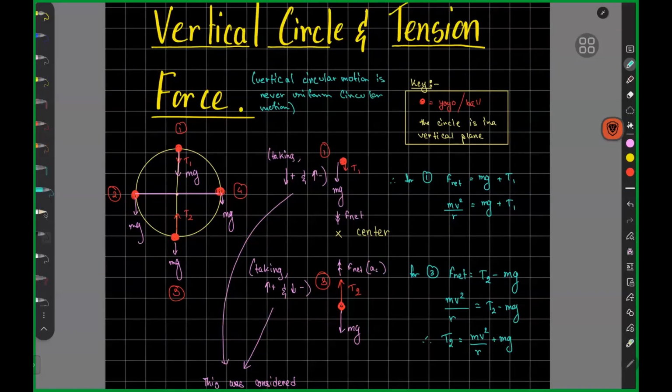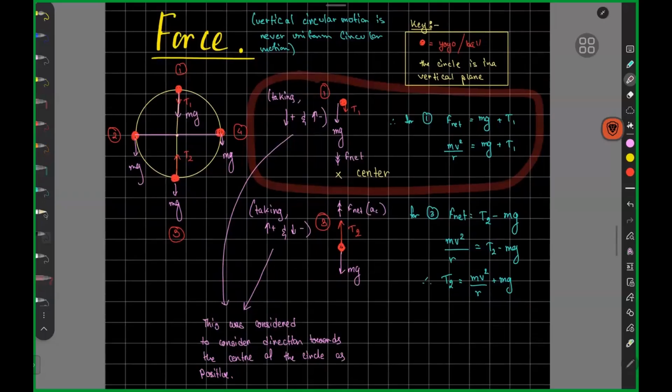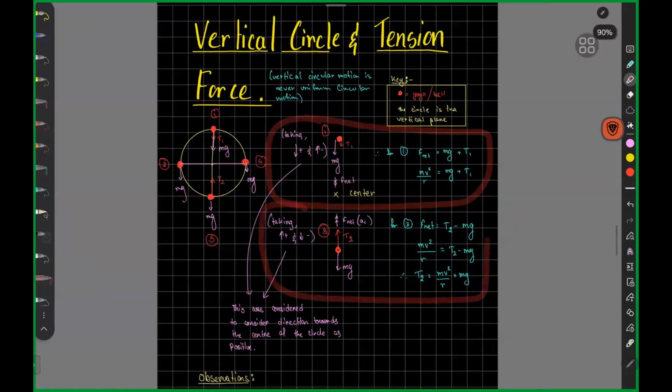That object is going through vertical circular motion, and the four positions are labeled 1, 2, 3, and 4. We will mainly be analyzing position 1 and position 3.